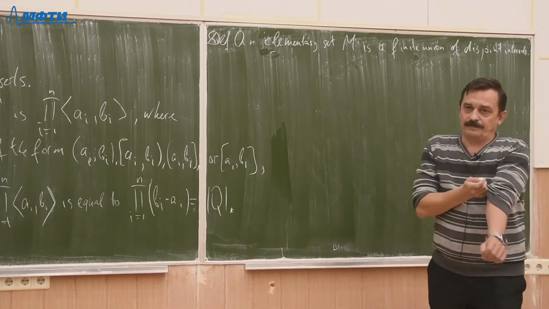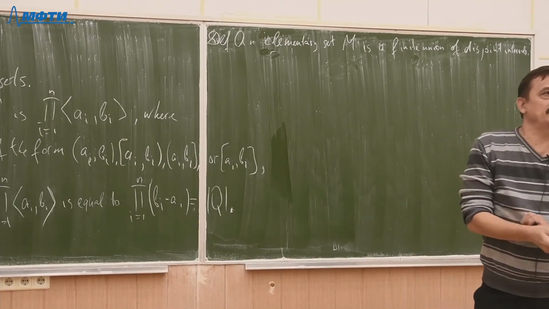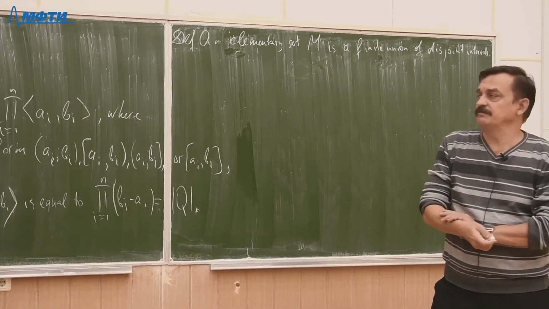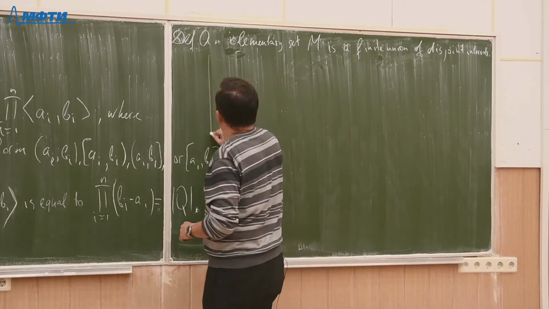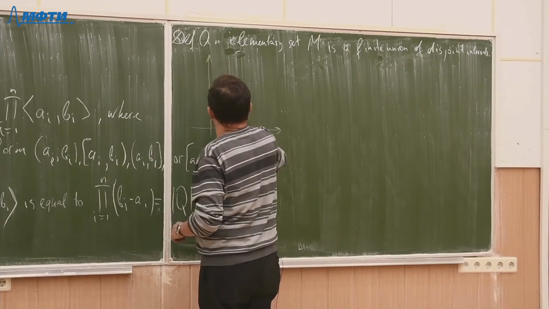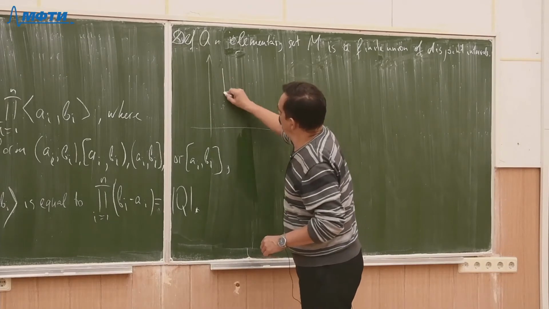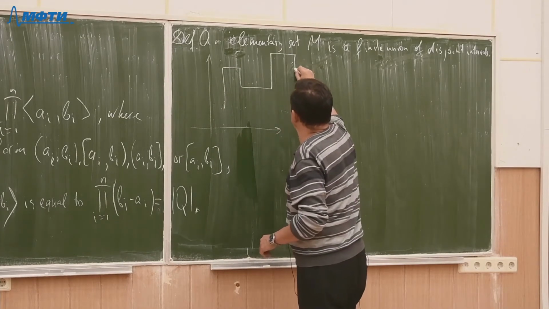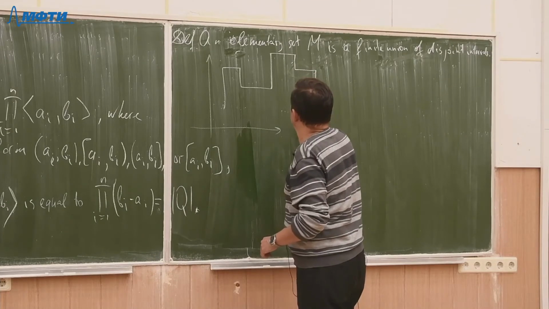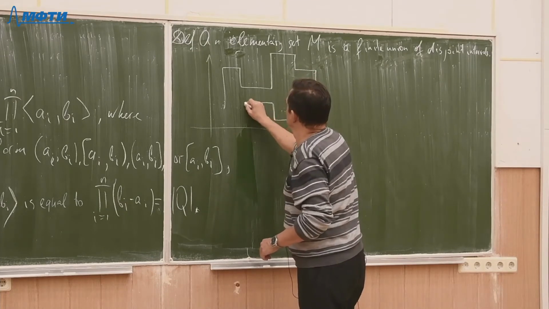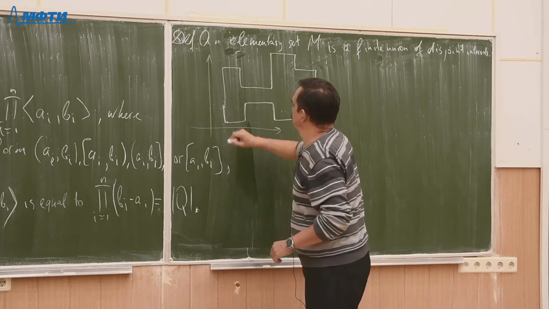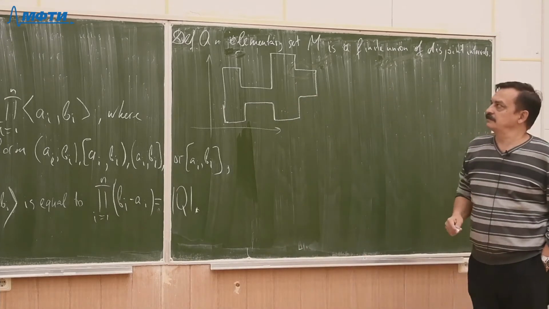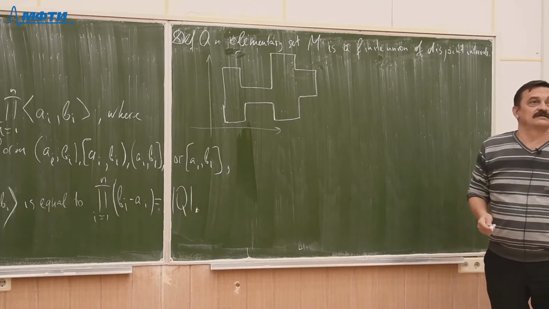But look, disjoint intervals, what does it mean? For example, in R2, what are elementary sets? They can be like that. Yeah. They can be like that. That is an elementary set, right?